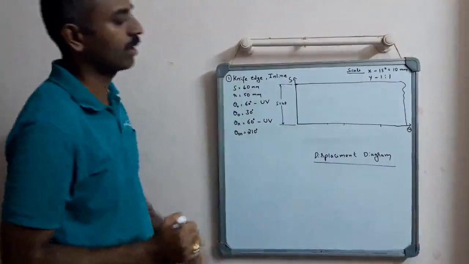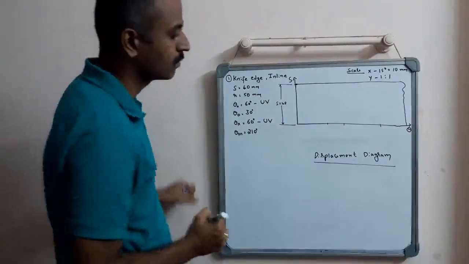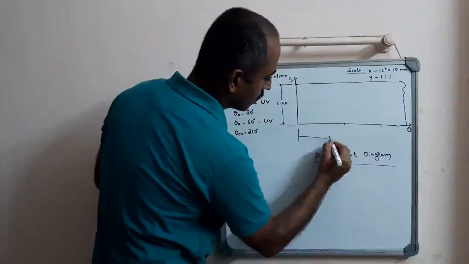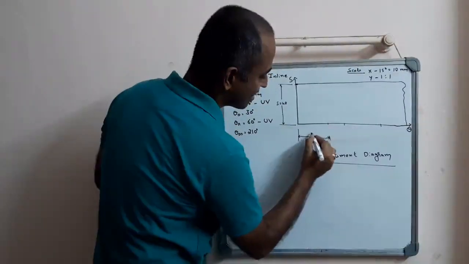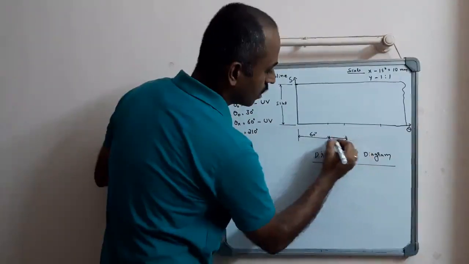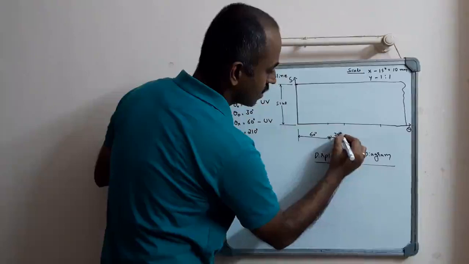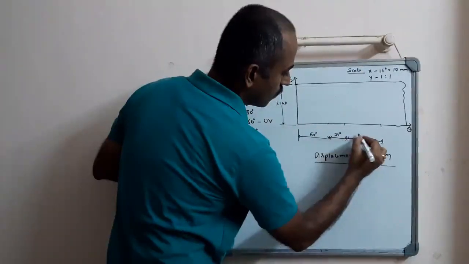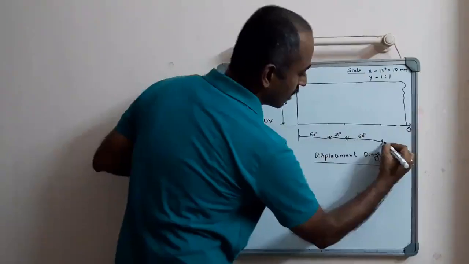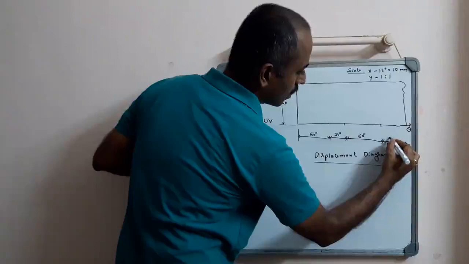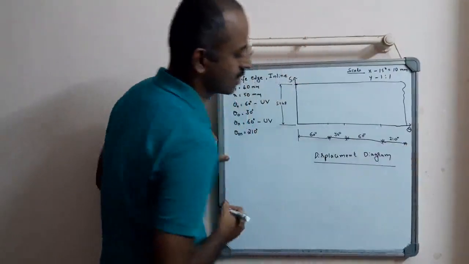Draw free curve like that, and then from here to here, which is 60 degrees, then from here to here is 30 degrees, which is 60 degree again.